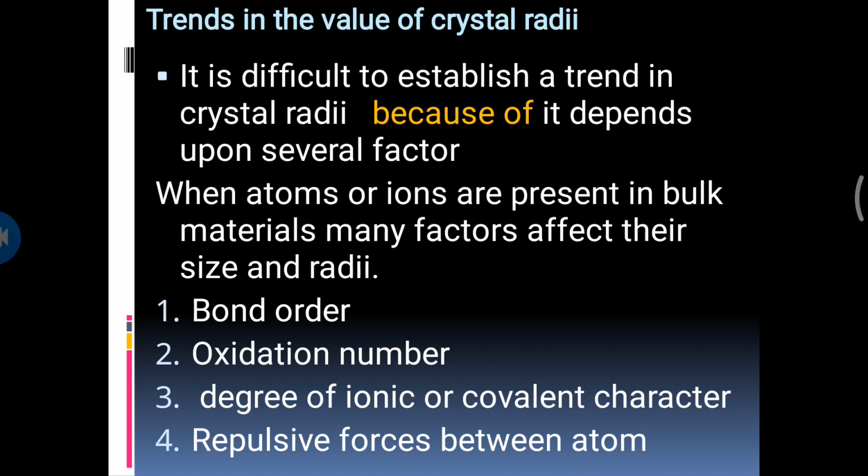That's why it changes crystal radii. Positive and negative ions attract and hold atoms tightly, so the crystal radii are different. So there are four factors that affect crystal radii. First is the bond order, second is oxidation number, third is the degree of ionic or covalent character, and fourth is the repulsive force between atoms.